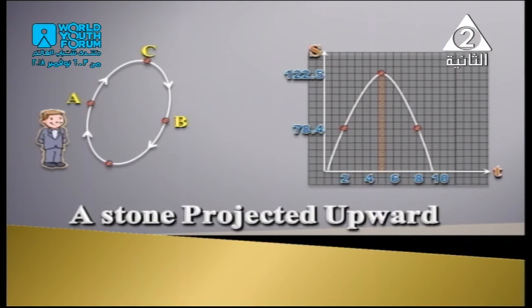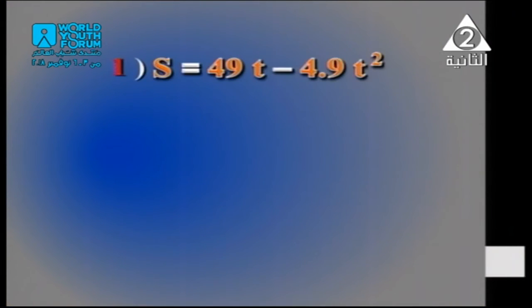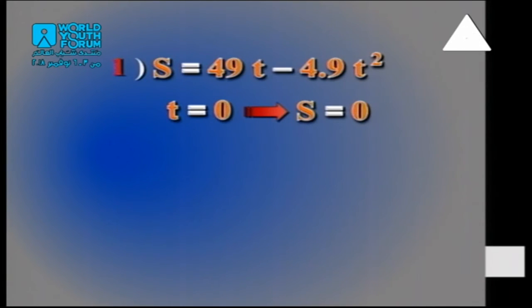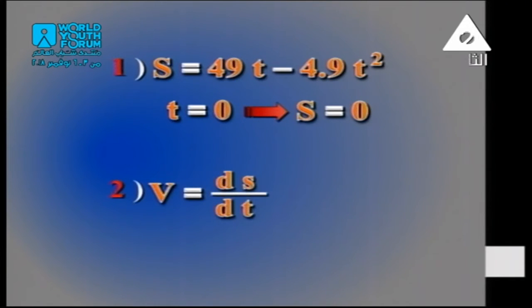My dear student, S equals 49t minus 4.9t squared. When t equals 0, S equals 0. By substitution with t equals 0, the distance equals 0. The curve represents S equals 49t minus 4.9t squared. Velocity is ds over dt. What is the relation between velocity and displacement?